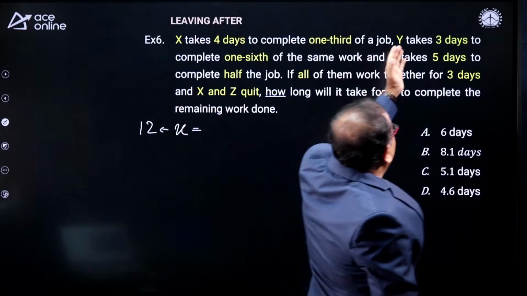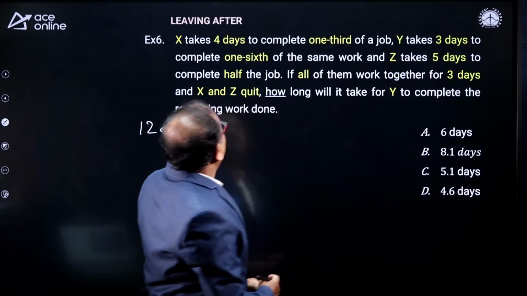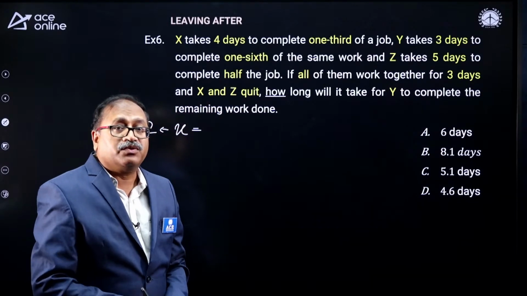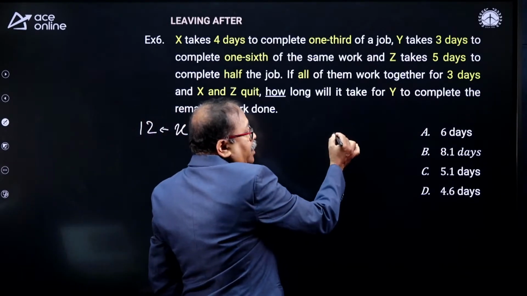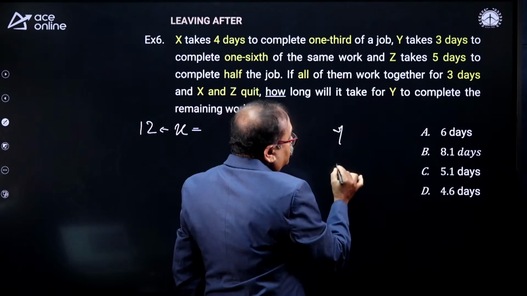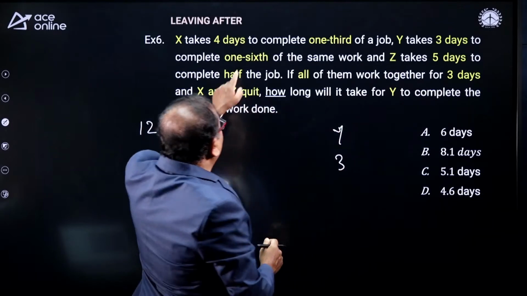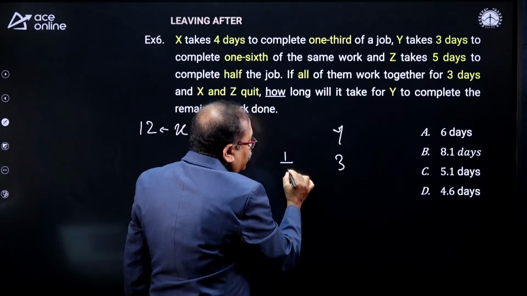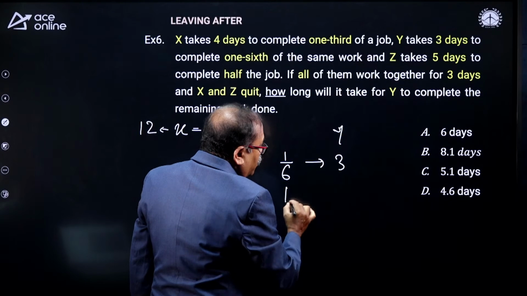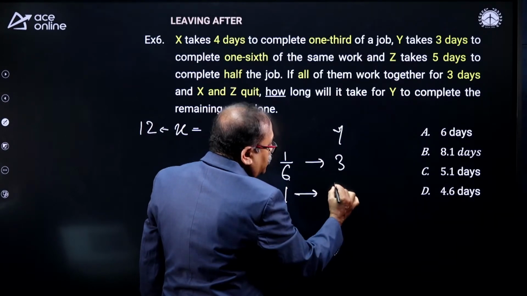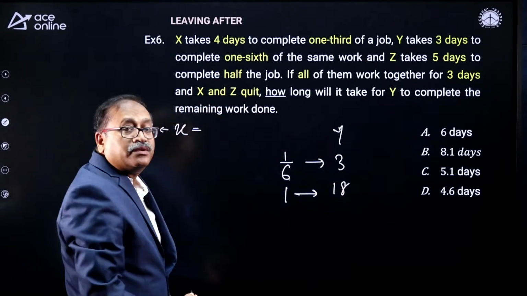Now it says Y takes 3 days to complete 1/6 of the work. 1/6 of the work in 3 days, then 1 work in how many days? 6 into 3, that's 18 days.